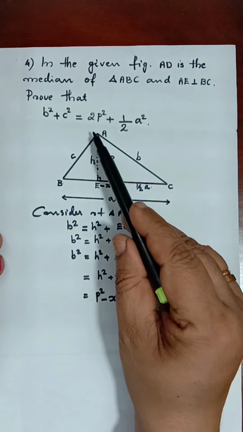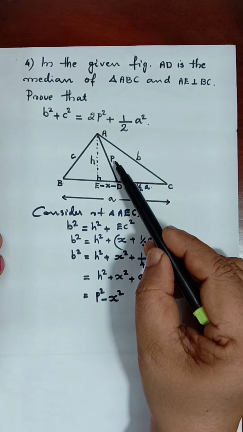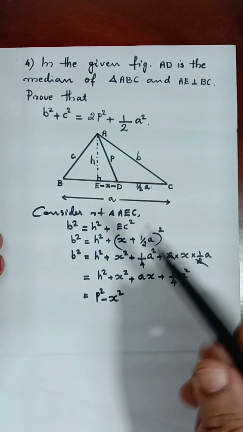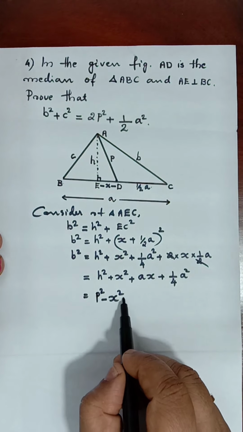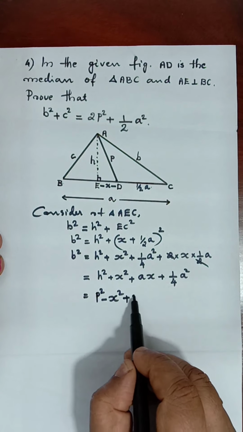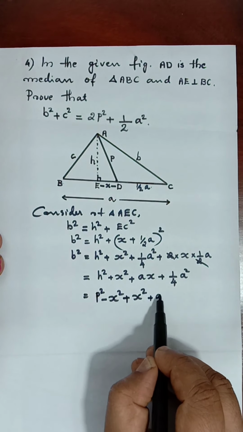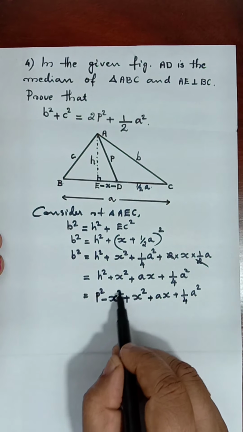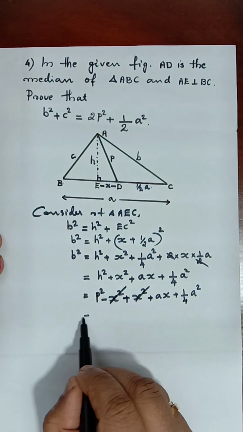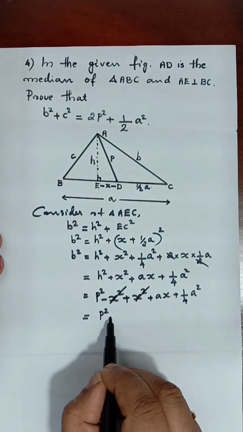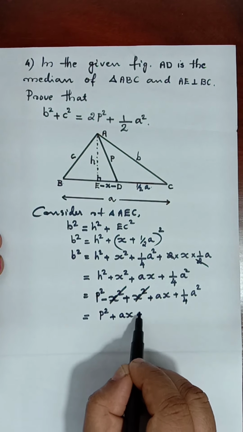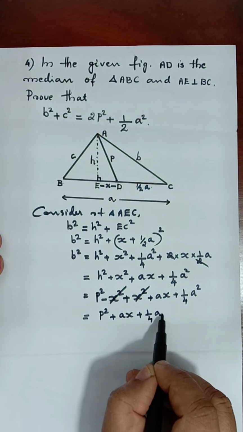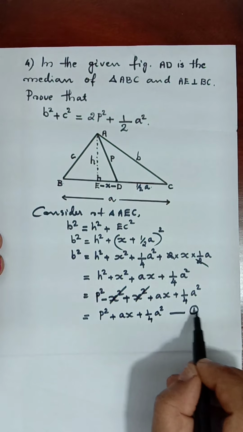That is from right triangle AED. That is our H square. Then plus the rest of it, plus AX plus 1 by 4 A square. We can cancel this. We are getting B square as P square plus AX plus 1 by 4 A square. Let us mark it as 1.